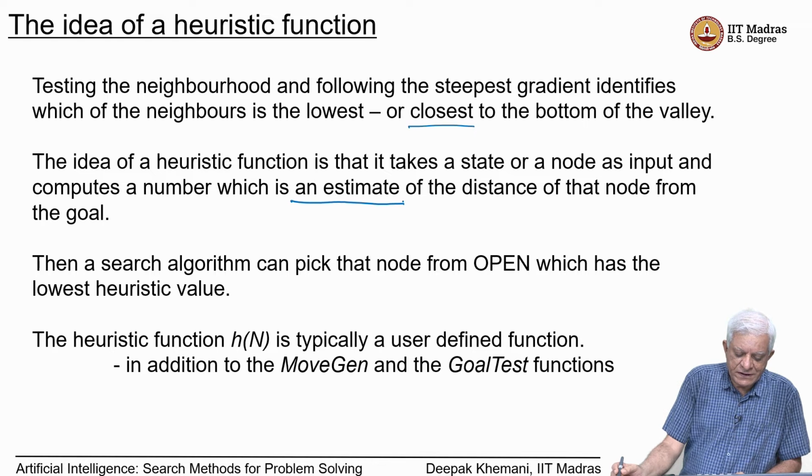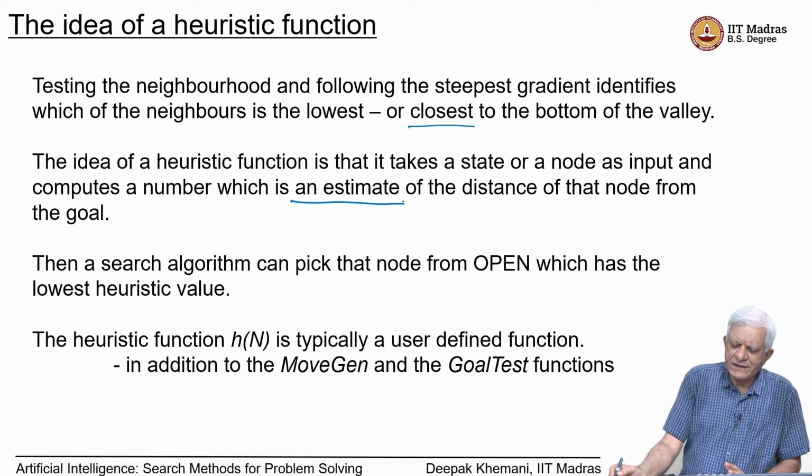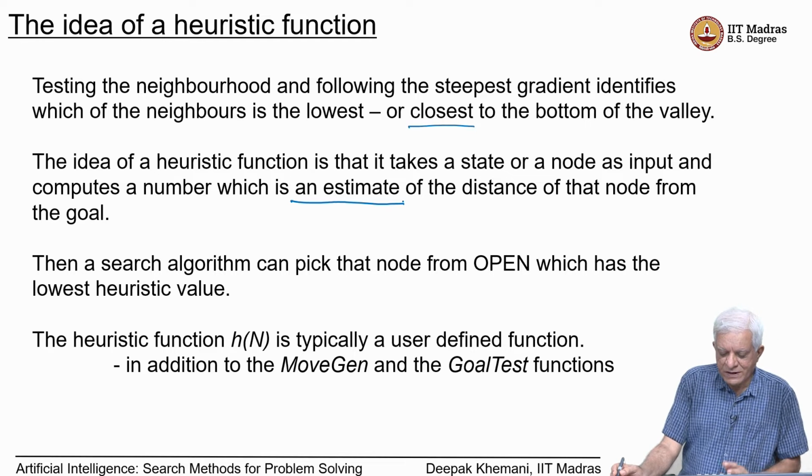Typically, we call the heuristic function h of n, and typically it is a user defined function, because it depends upon the domain that you are operating on, and we will look at a few example heuristic functions very shortly. So, there are three functions that a user is expected to provide to a general purpose search algorithm.